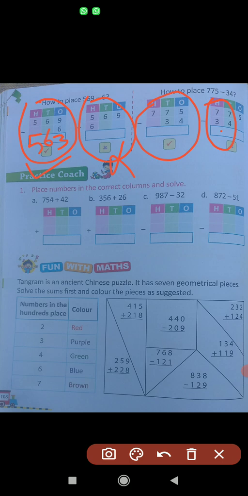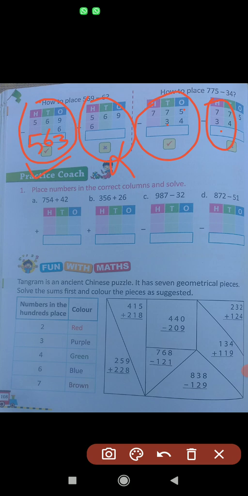775 minus 34. 7 is at the 100 place, 7 is at the 10 place of 75 and 5 is at the 1st place, okay? Now 34 is written, 3 is at the 10th place and 4 is at the 1st place.